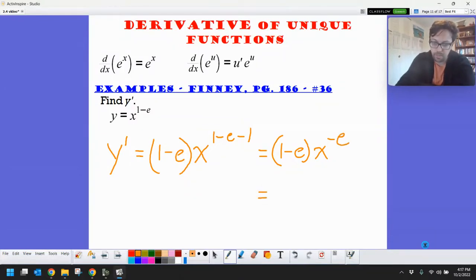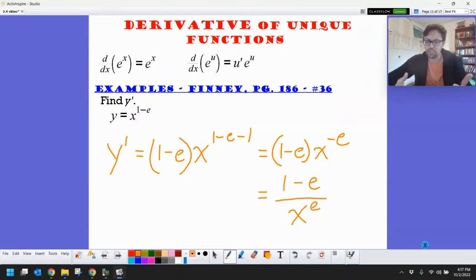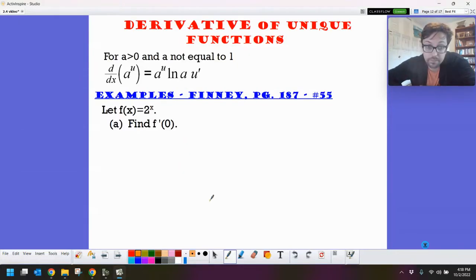If we wanted to clean it up a little bit more, we could write (1 minus e) over x to the e, but you can see how that changed radically from what we had originally. It's not following these properties up here because it's not using those properties up here. This is just a power rule problem.